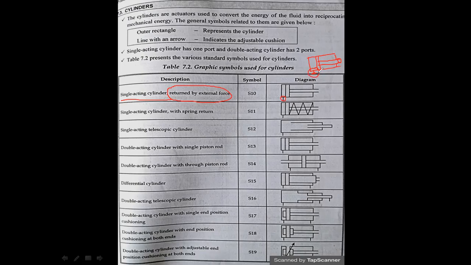Where the pressure is applied, the pressurized fluid is coming from this direction and it strikes the piston. As soon as it strikes the piston, the piston rod moves outward. Then, after that, the piston rod comes to the right side.